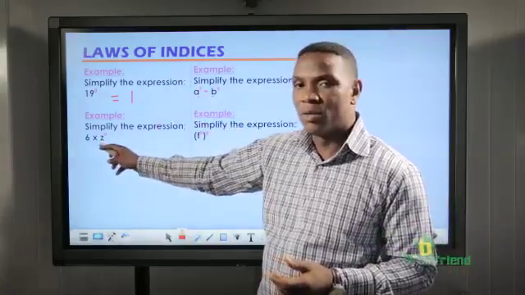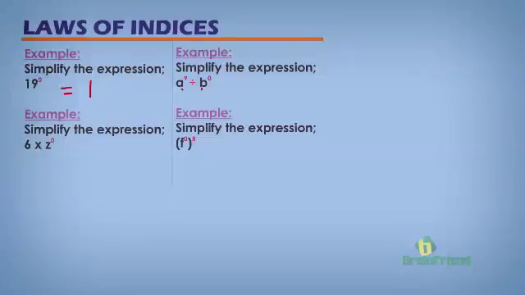Let's take a look at this other one. 6 times z raised to power 0. This quantity would give us 1. So our expression becomes 6 times 1, which would still give us 6.